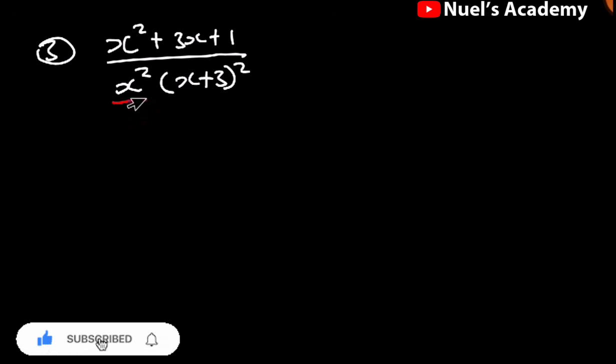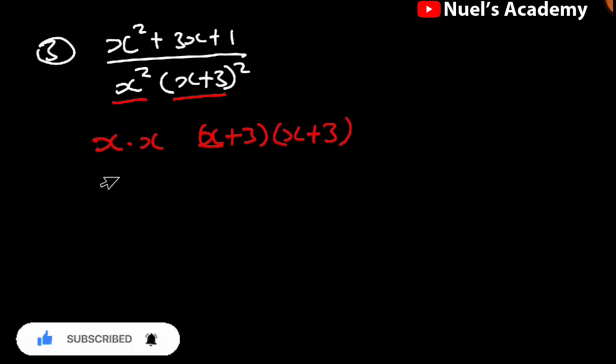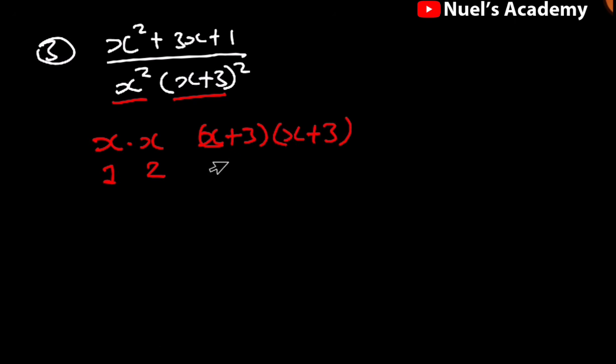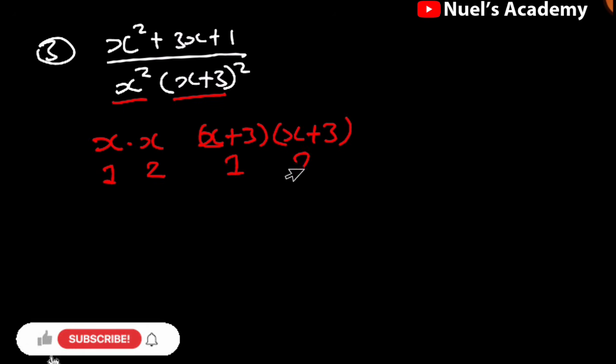Now if you take a look at these two factors, x squared and (x plus 3) squared, we see that x squared can be simplified as x times x, and (x plus 3) squared can be broken down as (x plus 3) multiplied by (x plus 3). So this is the first appearance, this is the second appearance. So they both are repeated factors. So just know that anytime a factor appeared twice, thrice, or 4 times, or 5 times, then that factor is a repeated factor.